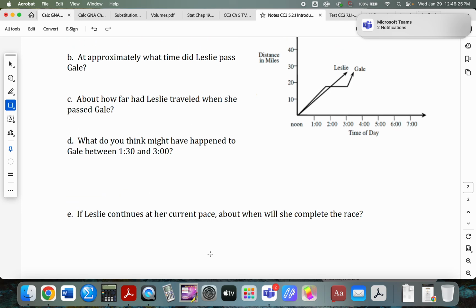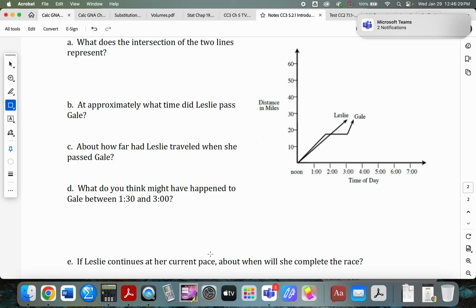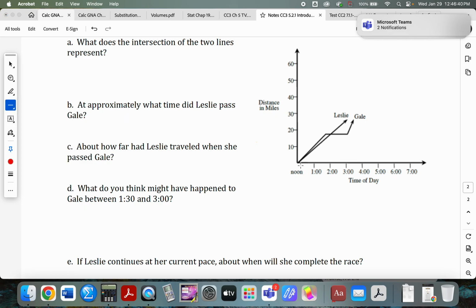So, last question here. If Leslie continues at her current pace, about when do you think she's going to finish the race? 7:15. So I'm going to try to extend that line. It helps if you have a ruler. But let's see. Leslie is going about like this.